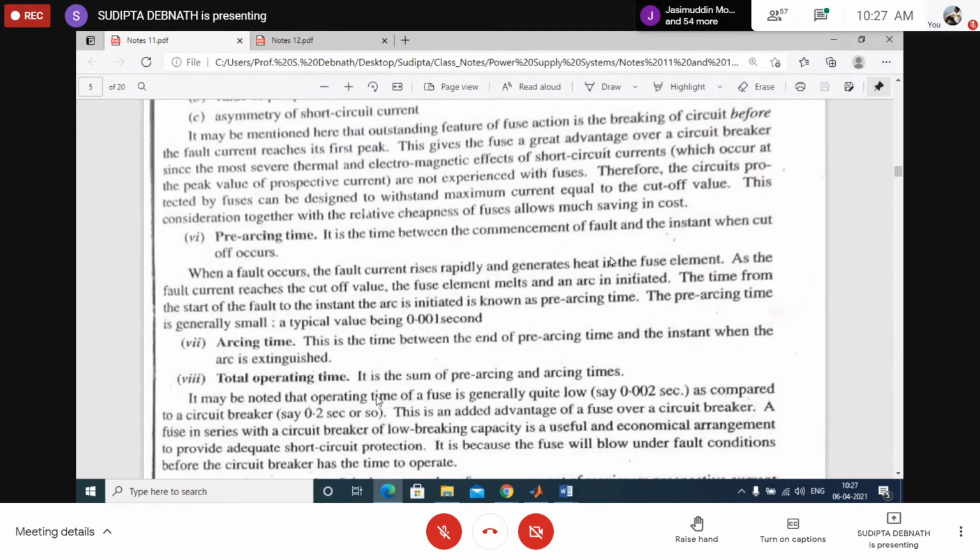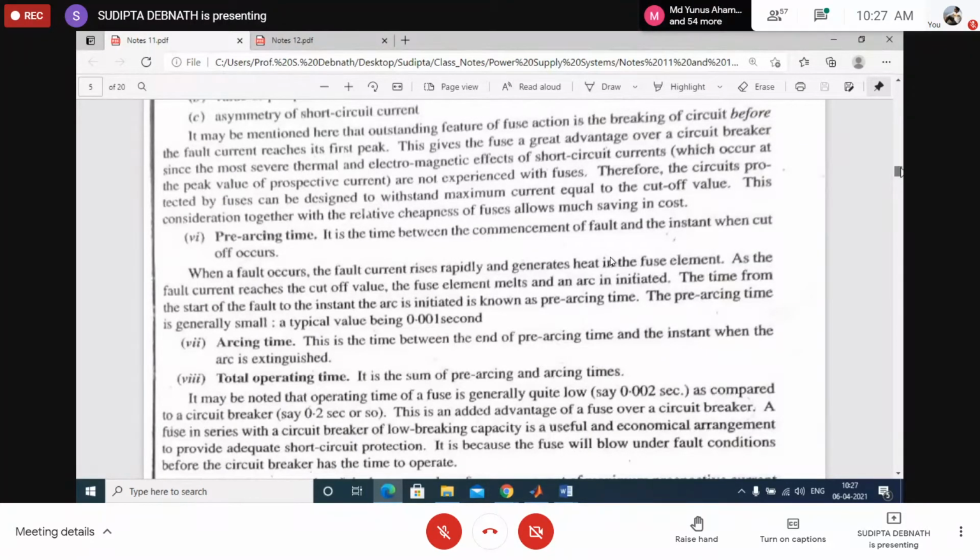Okay. Total operating time is the sum of pre-arcing and arcing times. So total arcing time is quite low, say 2 milliseconds. But for a circuit breaker, it is 0.2 second because it has a sophisticated mechanism to extinguish the arc.